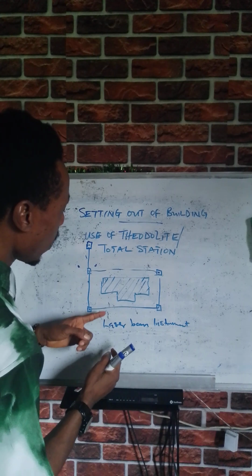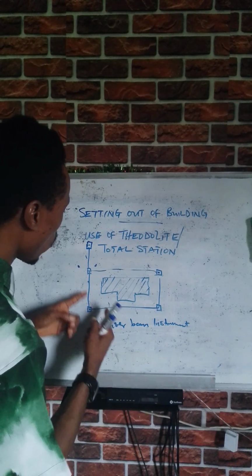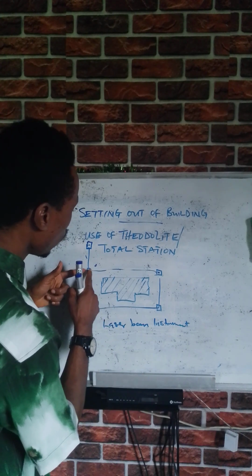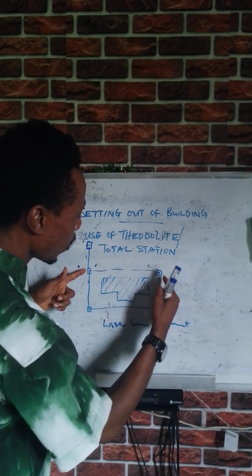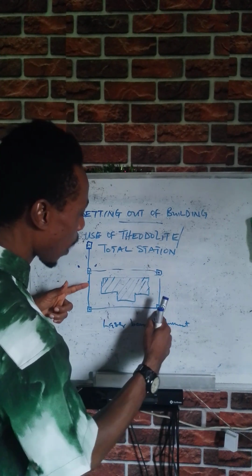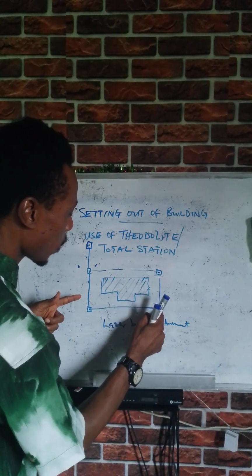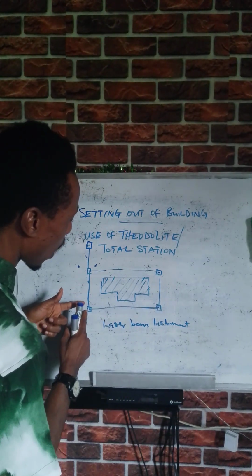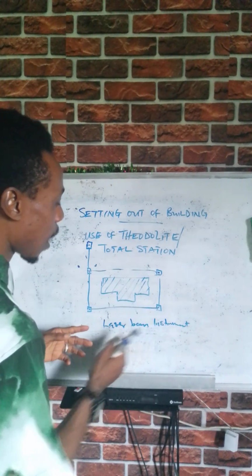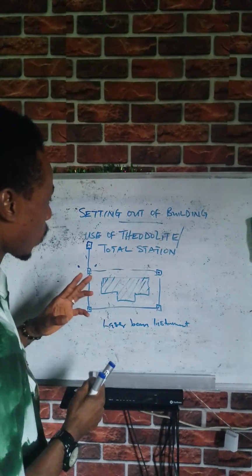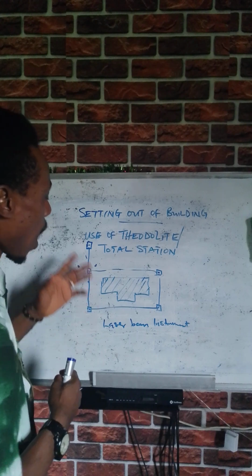But the difference here is that once you establish this first point, you move this instrument to this other point to establish this point. Then once you establish this point, you move the instrument to this point to establish this other point. That is how your laser beam instrument works in setting out of our building.